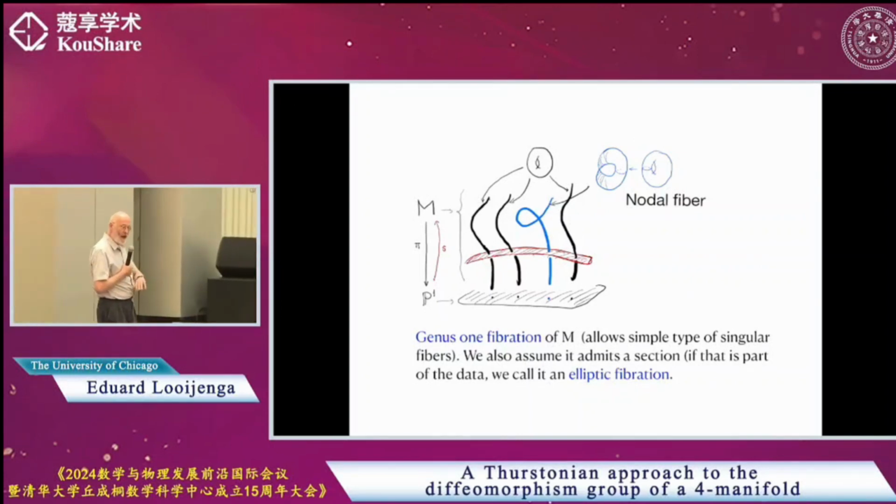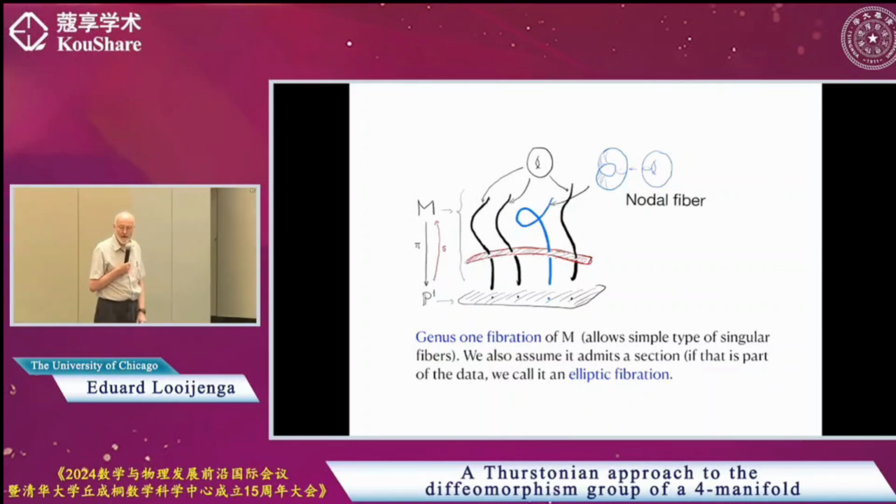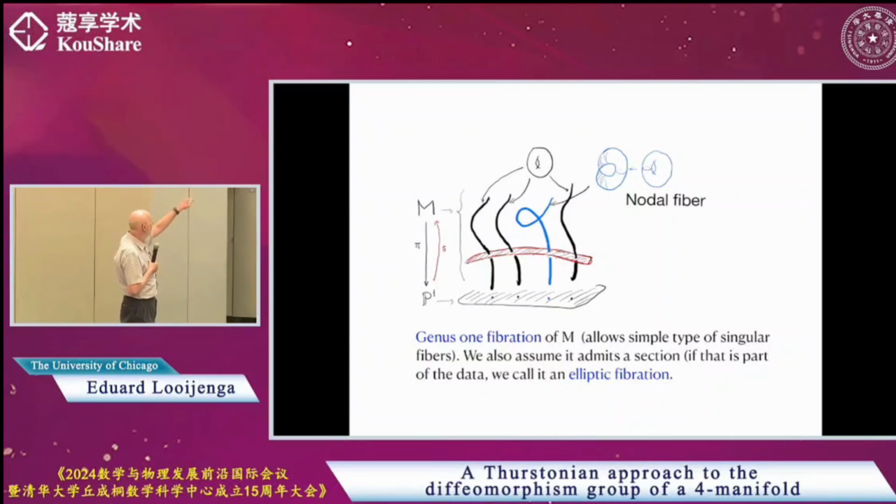Since we are not going to do algebraic geometry here, but differential topology, we just assume that the singular fibers are as simple as possible, nodal fibers. So, let me see if I do it right. You can see that.